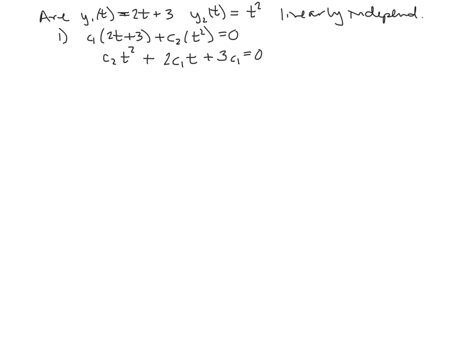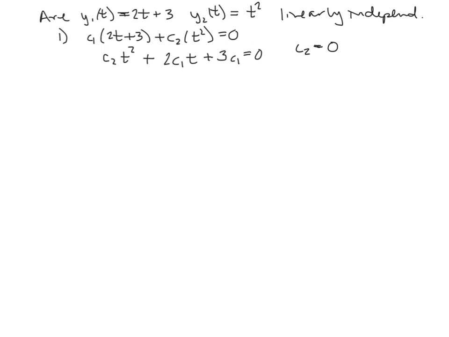The only way for this to equal 0 is if everything out in front of t squared equals 0, everything out in front of t equals 0, and everything out in front of 1 equals 0. Everything in front of t squared gives c2, which has to equal 0.